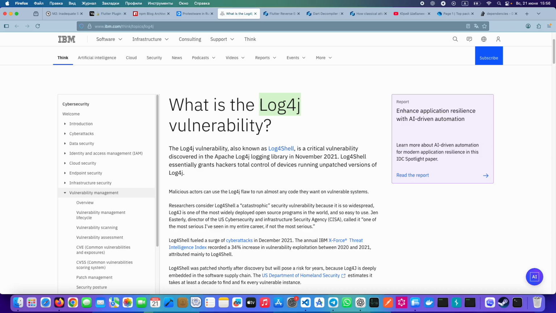But somehow the users, or maybe even the hackers, understood that this logger has a vulnerability. They tried to send requests inside this logger.